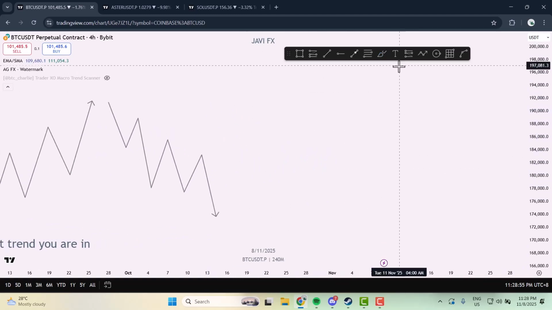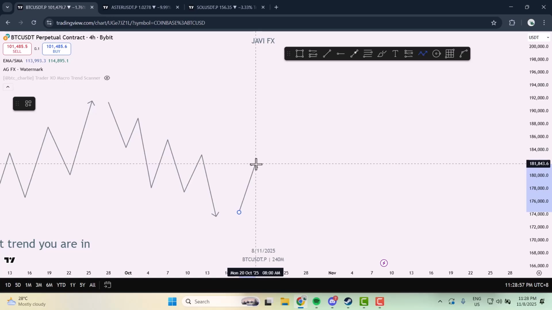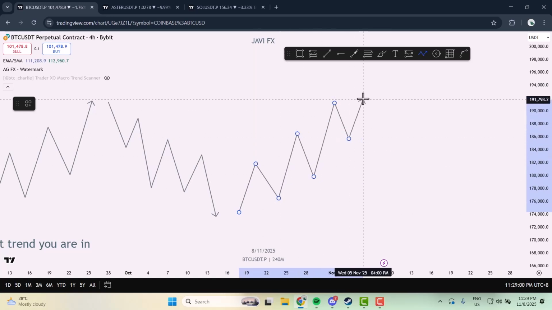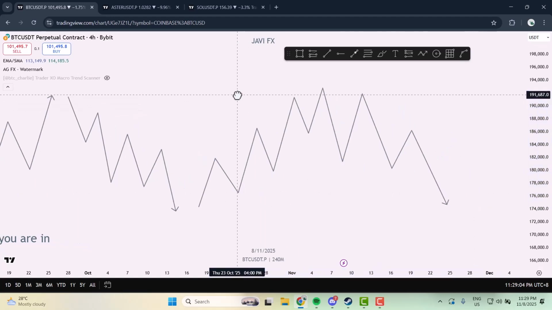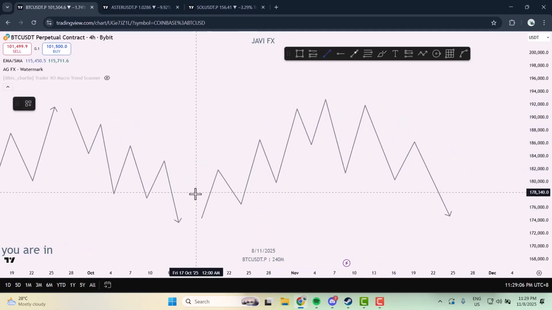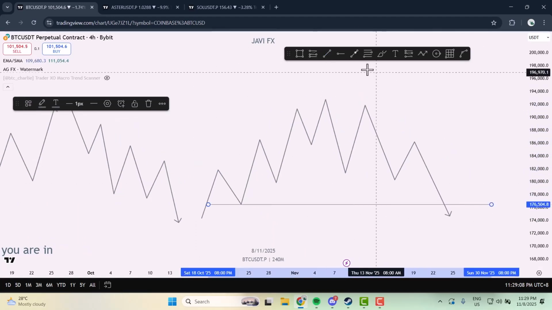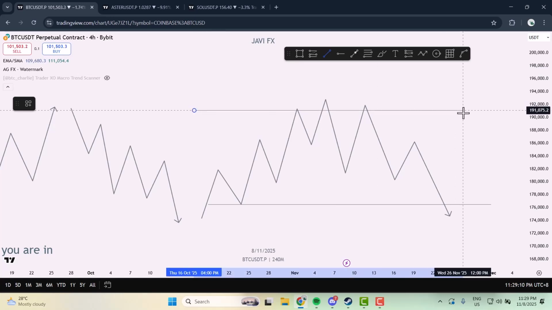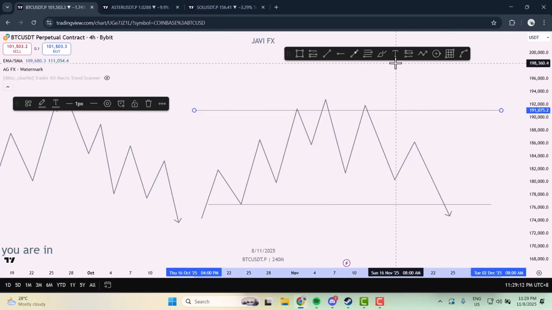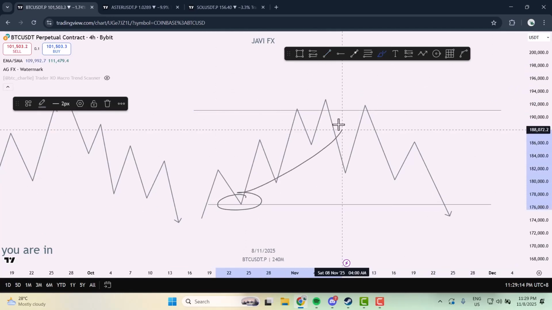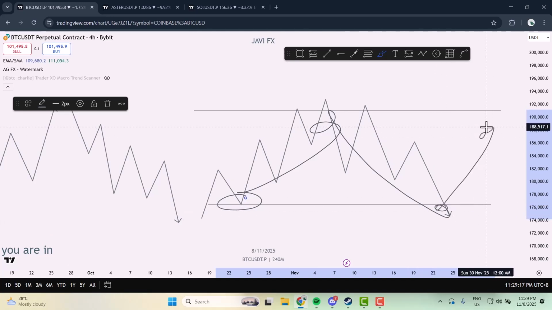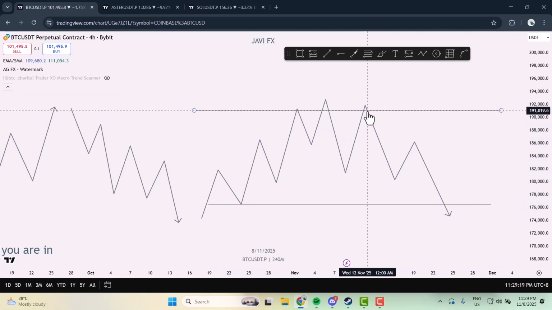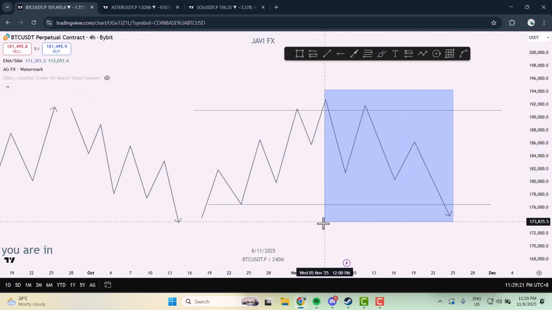And if we are in some sideways price action, then we try to, as much as possible, trade the range. Ping pong from range low, range high, range low, range high. This is the hardest, but that's basically what you have to do.